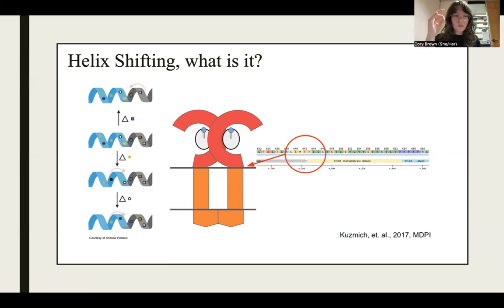So basically, we can say, oh, by shifting it 1, 2, or 3 amino acids, it might be having a completely different effect out in this red area where MD2, its co-receptor, binds, which would have an incredible effect on the specificity and activity levels of the protein.